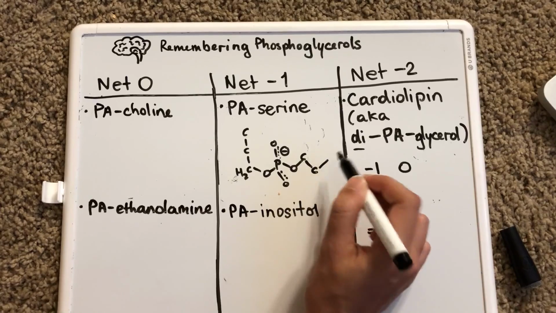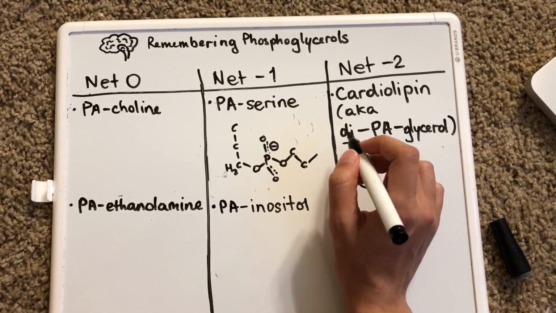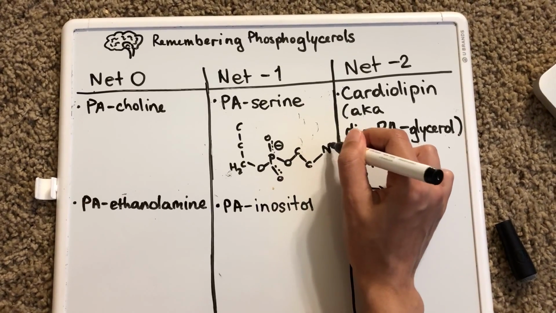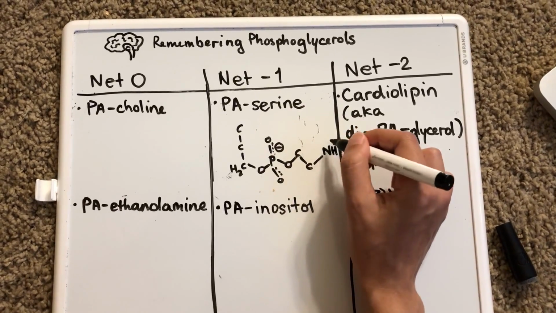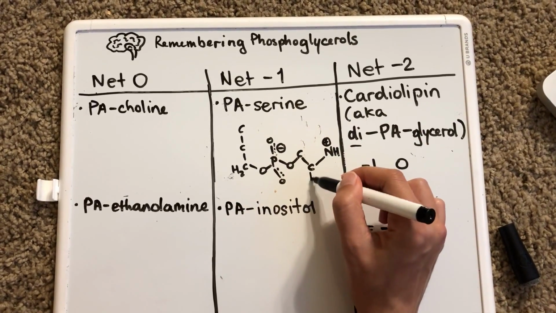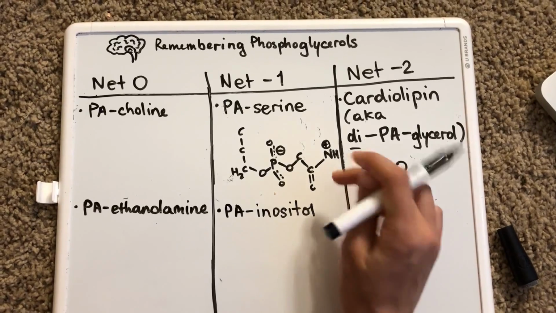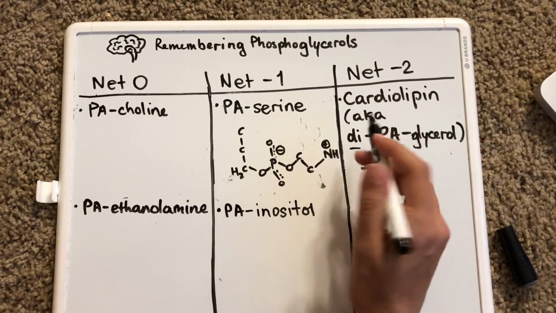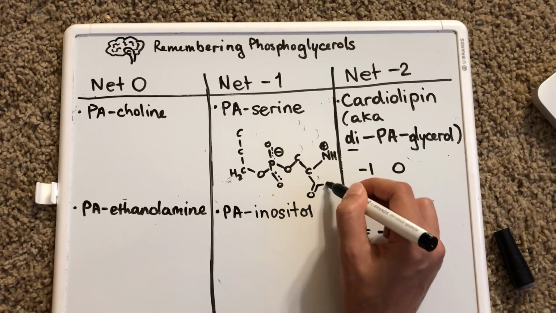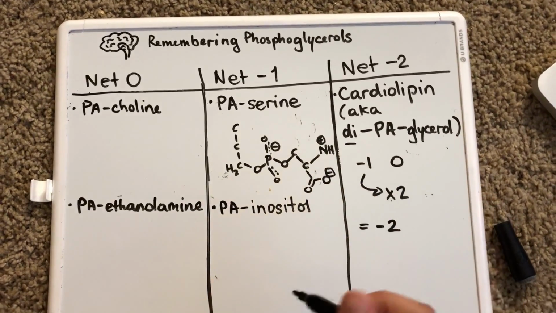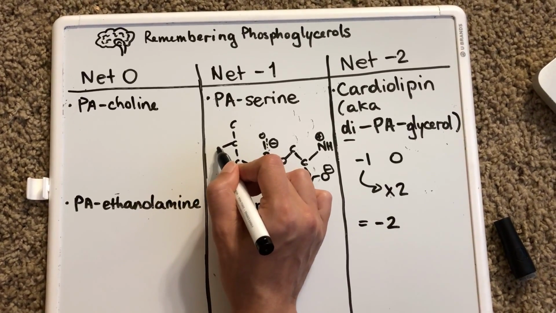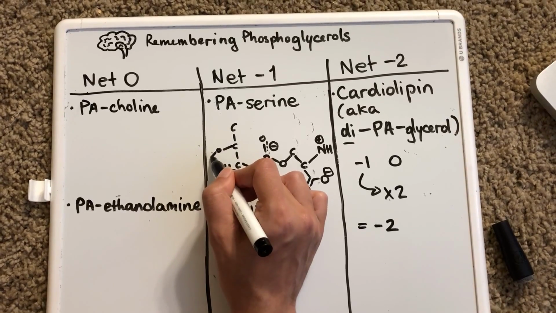And then, since this is at physiological pH, we're going to have a protonated amine and a negative charge here, and our fatty acid tails are going to be here.